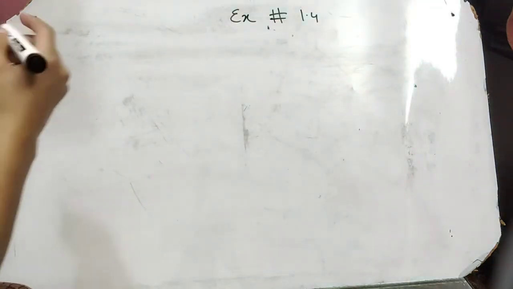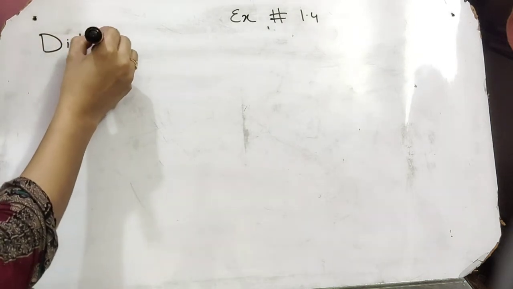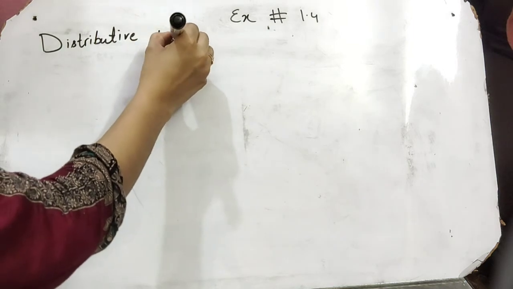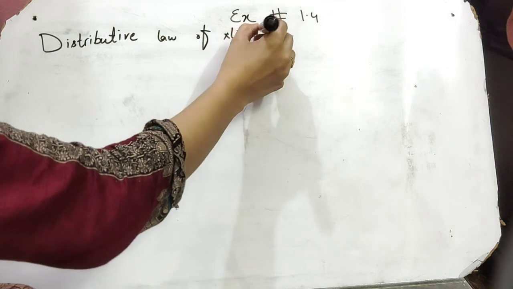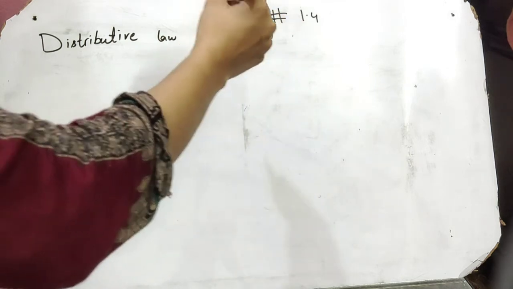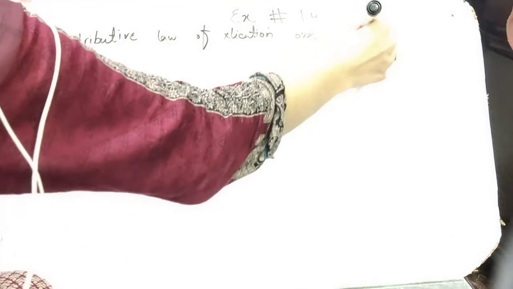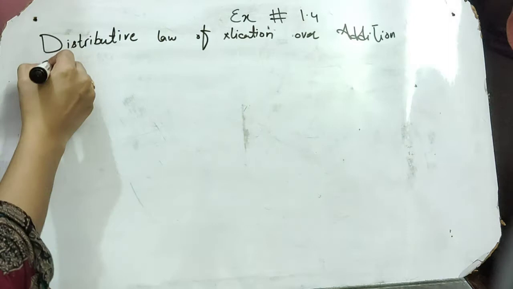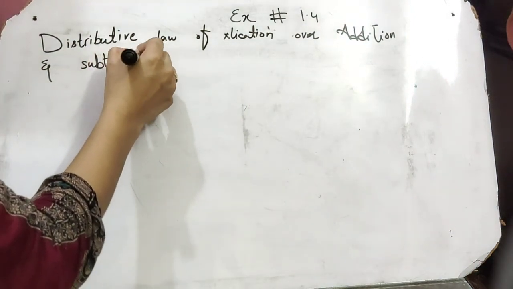And the next law is distributive law of multiplication over addition and subtraction.